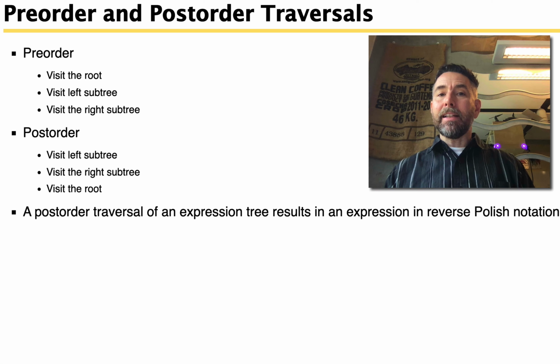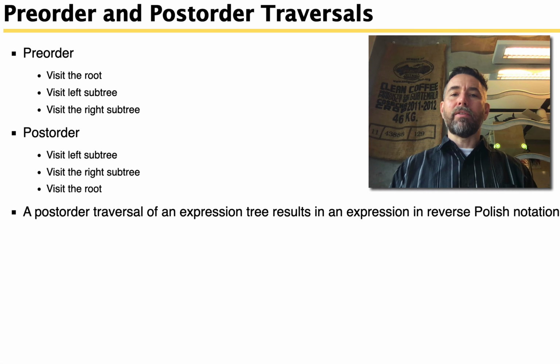Post-order, not surprisingly, means that you process the node that you're currently at last. First you process the left, then you process the right, and then you process yourself. So our 3 different ways of traversing through a tree are pre-order, process yourself first. In order, process yourself in the middle.